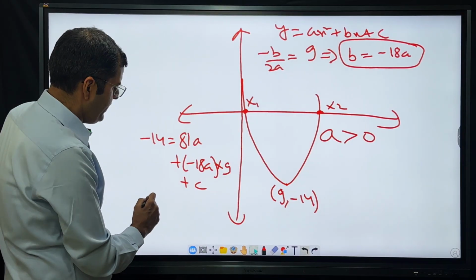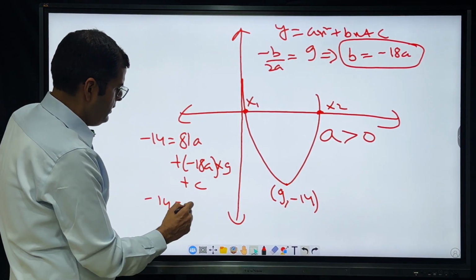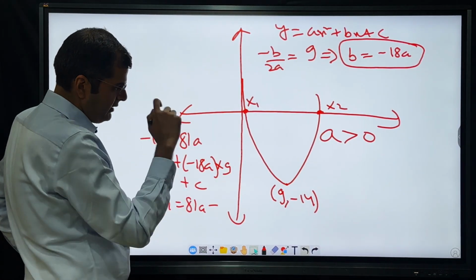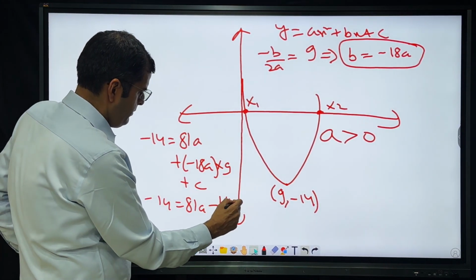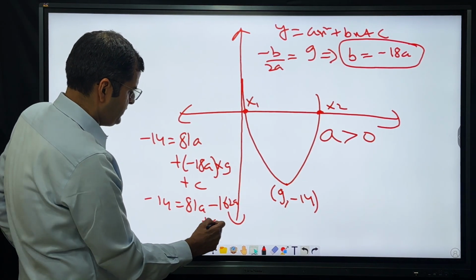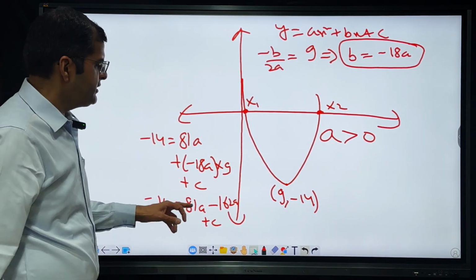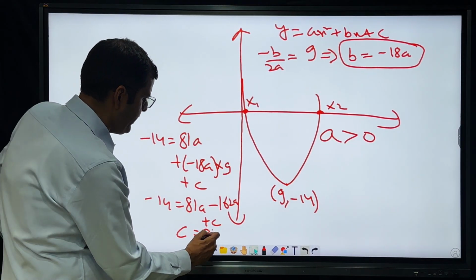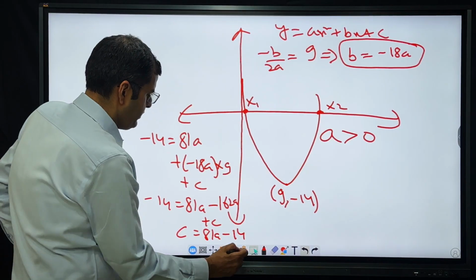So from here I get minus 14 is equal to 81a, minus 18 into 9, which is 162a, plus c. So 81a minus 162a is minus 81a. It goes there. So I get from here c is equal to 81a minus 14.